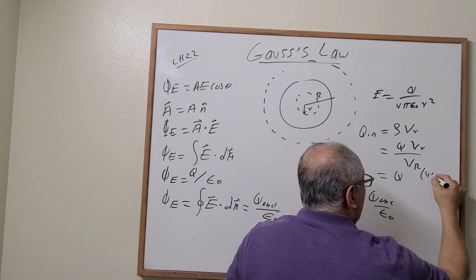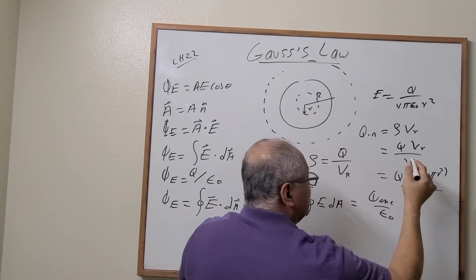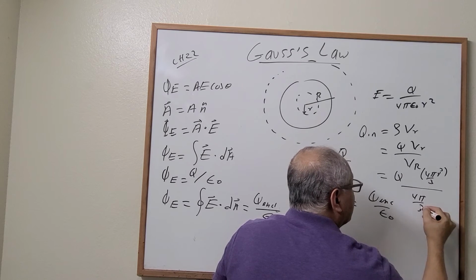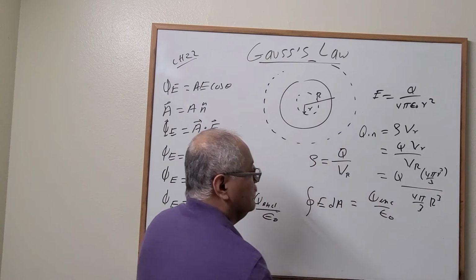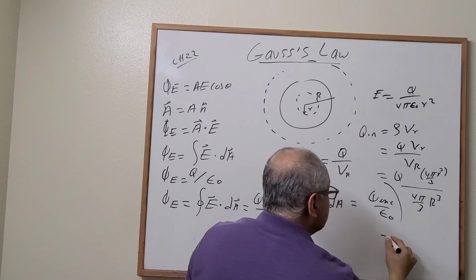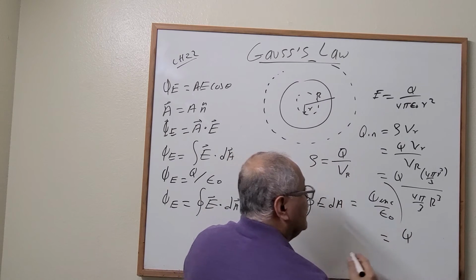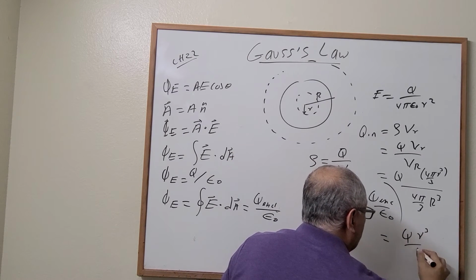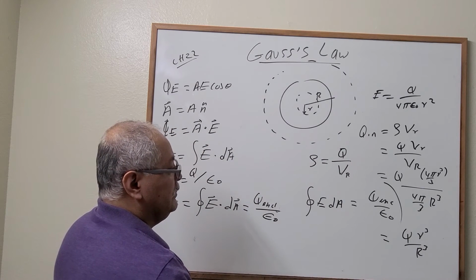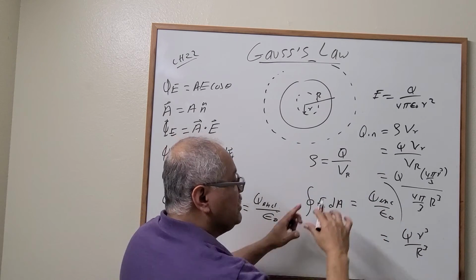It's 4 over 3 pi r cubed, divided by the total volume, which is 4 over 3 pi big R cubed. In this case, we have that this equals just the total charge times r cubed over big R cubed. Perfect. That's the charge enclosed.